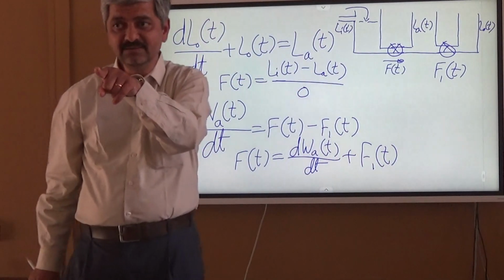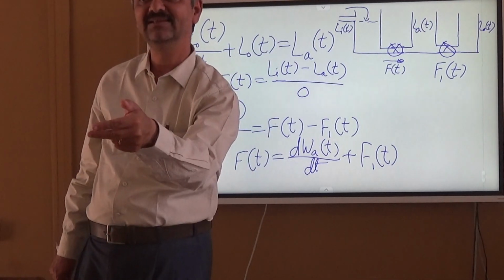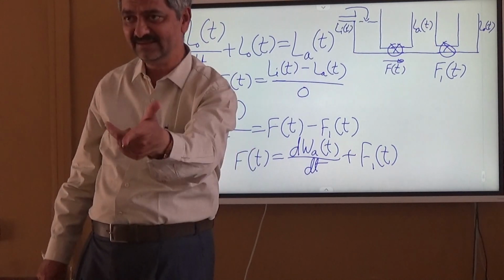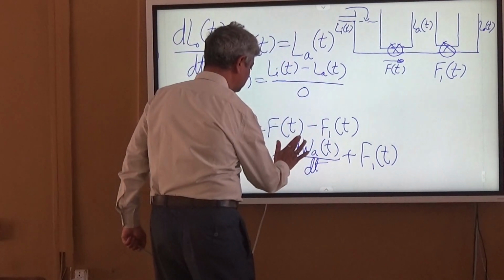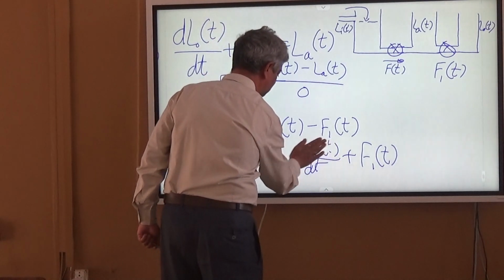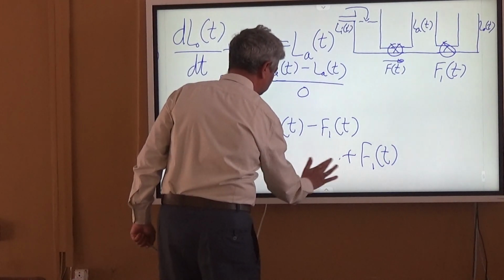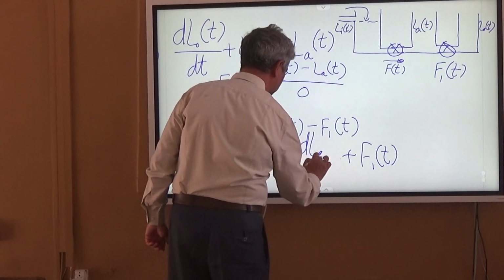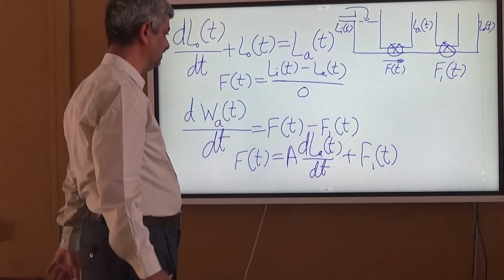What is the relation between WA and LA? That is fixed, there is no change. WA is equal to A into LA. WAT is equal to A into LAT. So this I can write as dWAT by dt is equal to A dLAT by dt. Is it right?